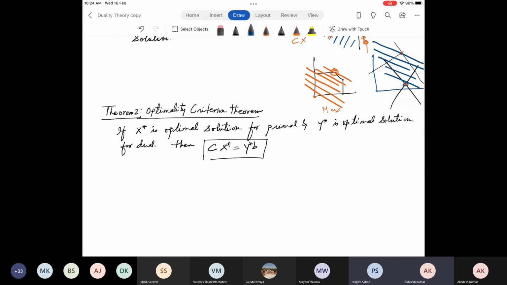And the last theorem, which is of most importance, theorem 3, it has actually, no, theorem 4 is the last theorem. This is the main duality theorem.